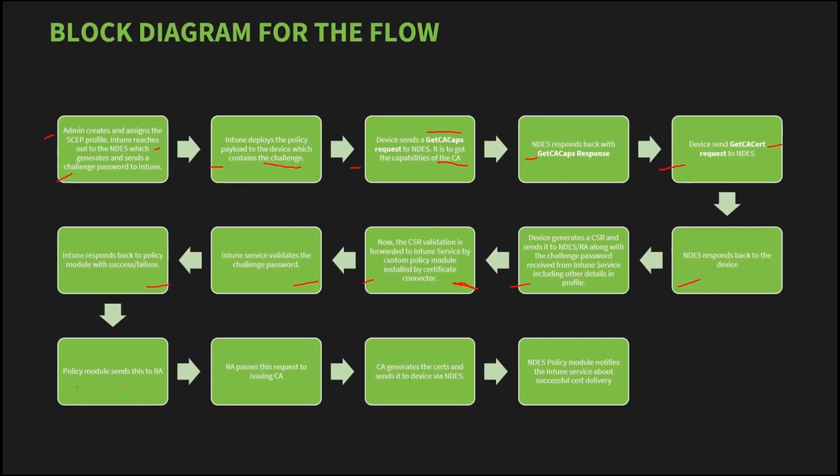Now the policy module sends the request to the RA, and the RA passes the request to the CA, or the certification authority. The CA is now going to generate the certificate after doing some checks. We have already seen what those checks were. And then the CA sends the certificate back to the NDES server. The NDES policy module notifies the Intune service about a successful delivery, and the NDES server deploys the certificate to the end device as well.